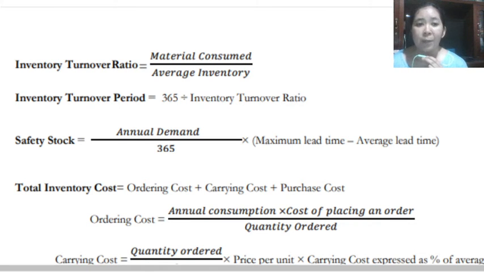The next formula is inventory turnover period. Inventory turnover period is how many days it takes you to convert your inventory to cash, from the point of purchase of the inventory up to the sale of that inventory. That's why our formula is 365 days, which is 1 year or accounting period, divided by the inventory turnover ratio.